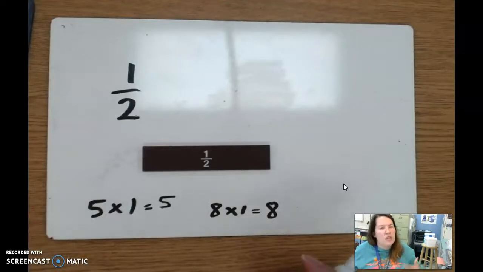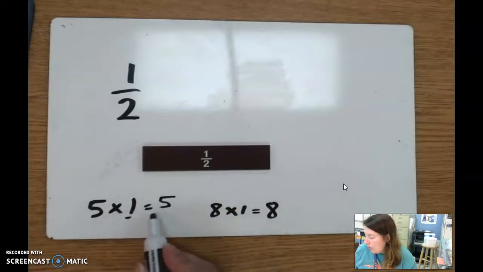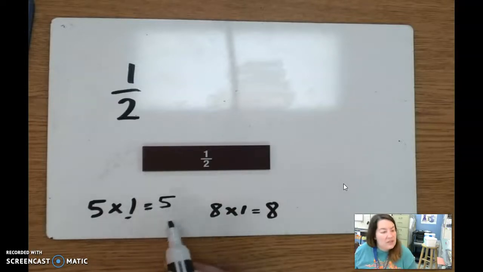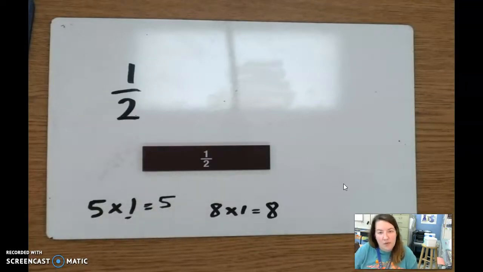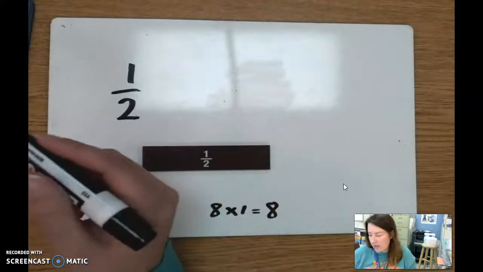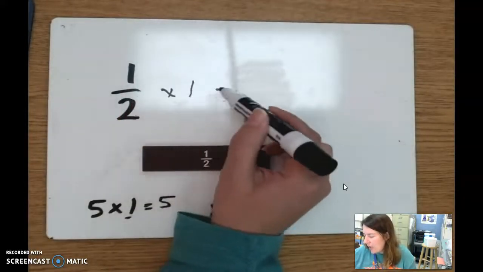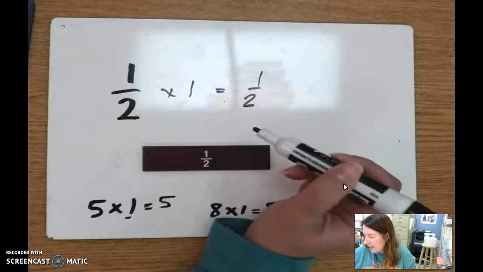So that multiplication rule that we have learned over the past years is if you multiply anything by 1 whole, the answer is still the same number. And that works for fractions too. If we take a fraction and multiply it by 1 whole, the answer would still be the same size piece as what we started with. So if I take 1/2 and multiply it by 1, I still get 1/2.